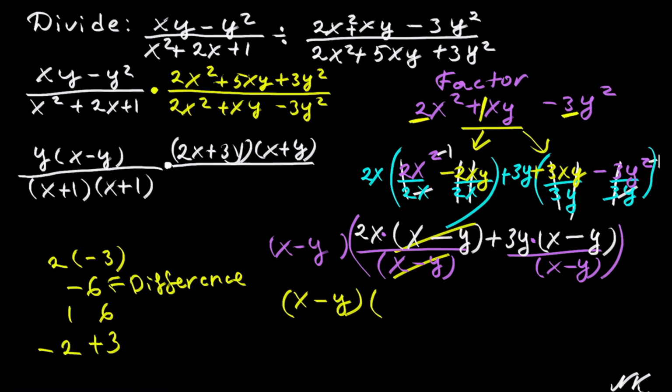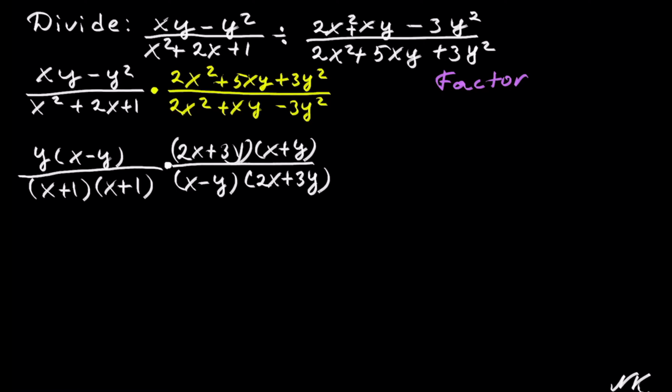These two cancel, so we just have 2x plus 3y times x minus y out of x minus y and x minus y will cancel, so we just have 2x plus 3y. So our second denominator factors into x minus y times 2x plus 3y.